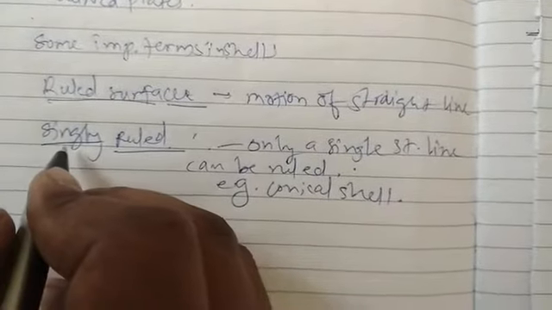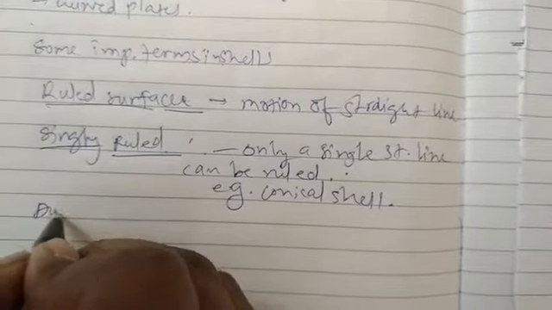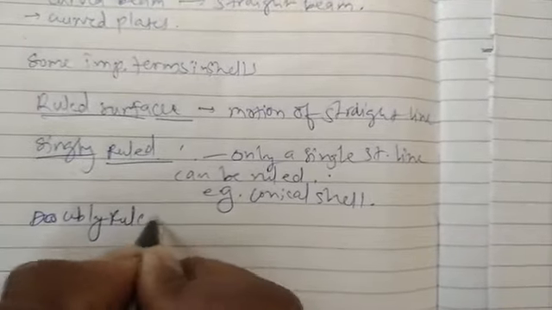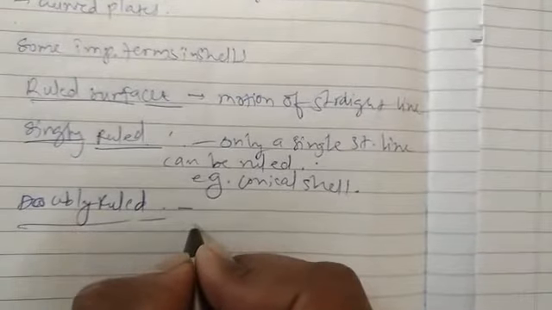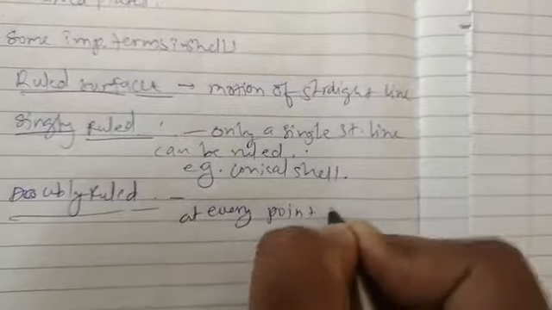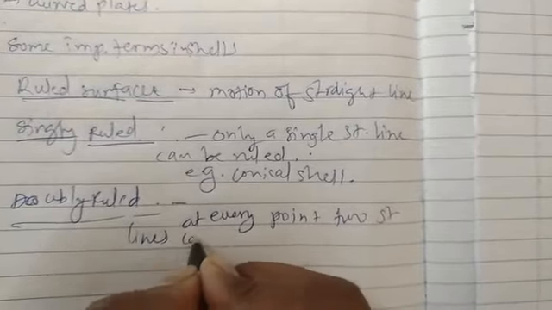Then doubly ruled surface. A surface is said to be doubly ruled if at every point two straight lines can be ruled.